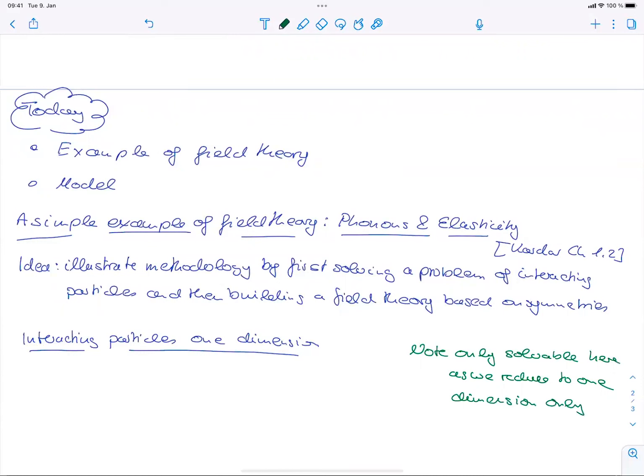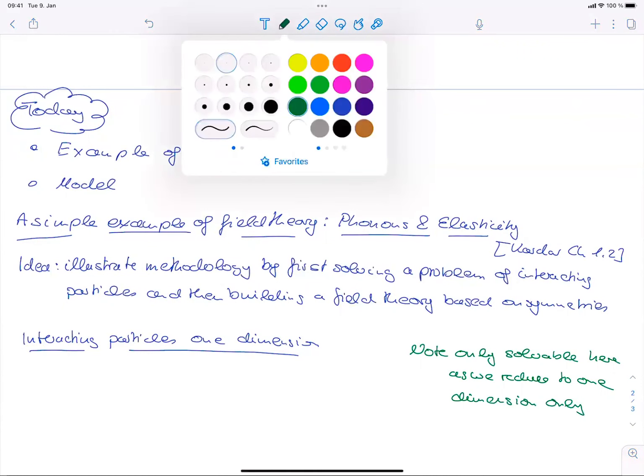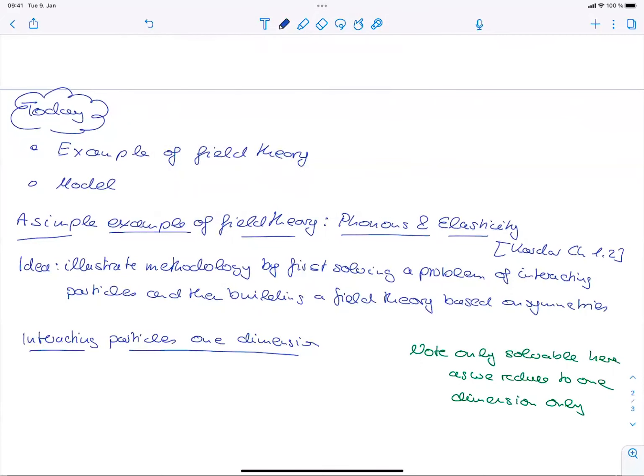So we have to make a big sacrifice, because we're only going to understand what's going on in one dimension rather than dealing with the full elastic material, like a wall, to consider the dynamics of phonons.